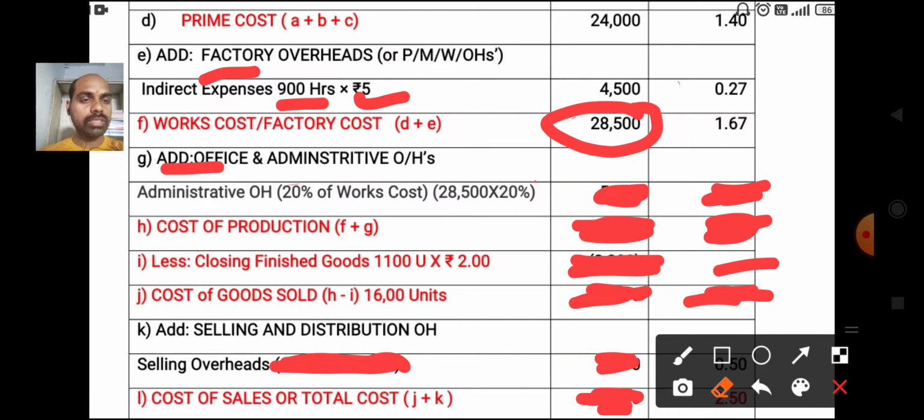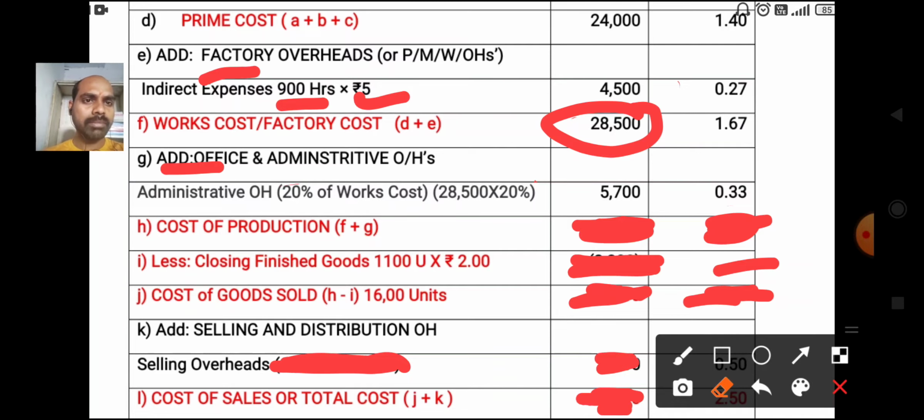If you do, you will get here 5700. That 5700 you will add, 5700 divided by 17,100, that will be 0.33. अपने को आएगा 0.33.